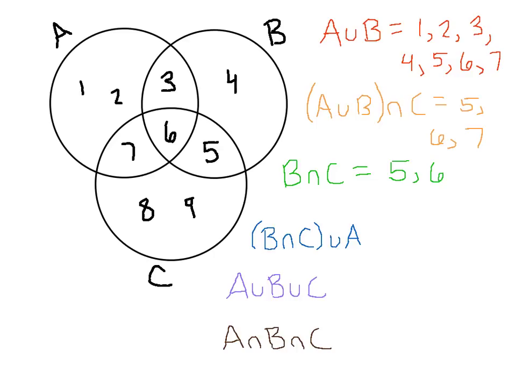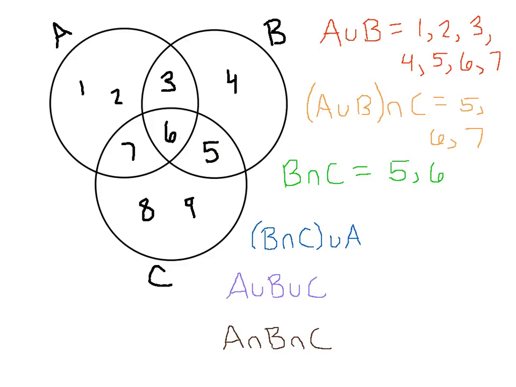So for the next one, we have the intersection of B and C, and we're going to form a union with A. So we're going to take everything in A, and then we're going to include the intersection of B and C, which is 5 and 6. So our final answer is going to be everything in A, including 5 and 6.